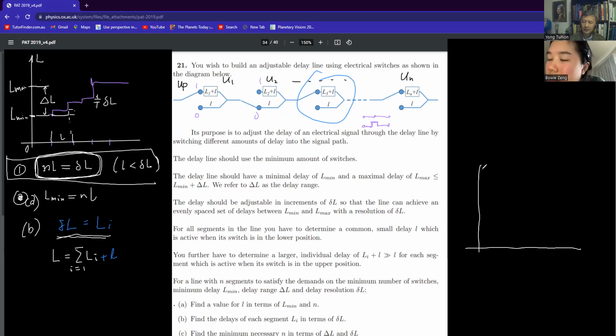So they are looking for the minimum N. Can you see? Can we just imagine this minimum n here? They have something which depends on both of them. In terms of the maximum delta, we're trying to use a graphical method.